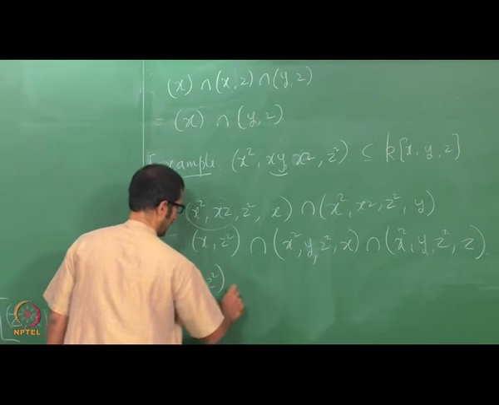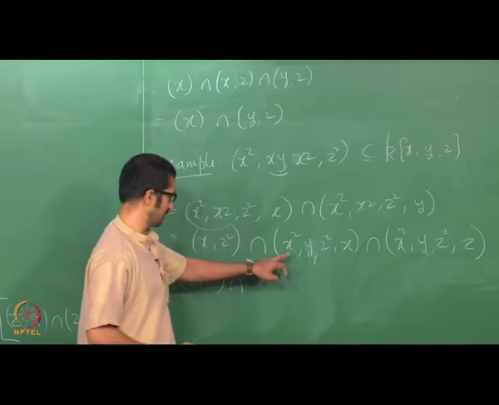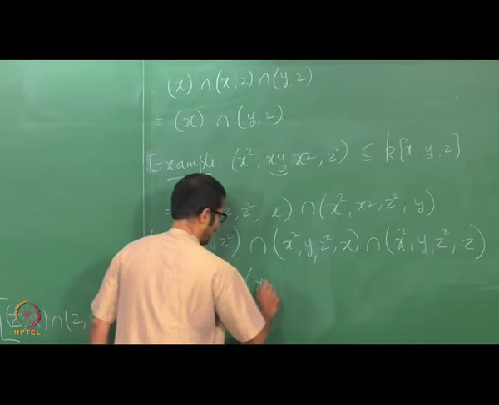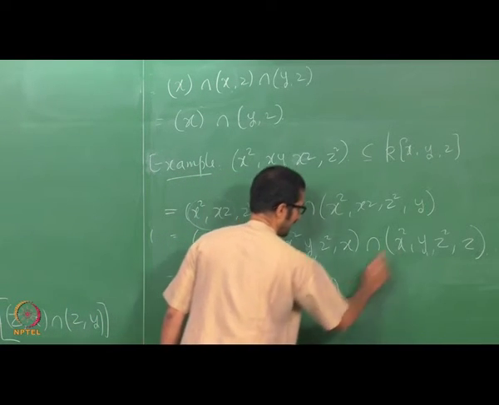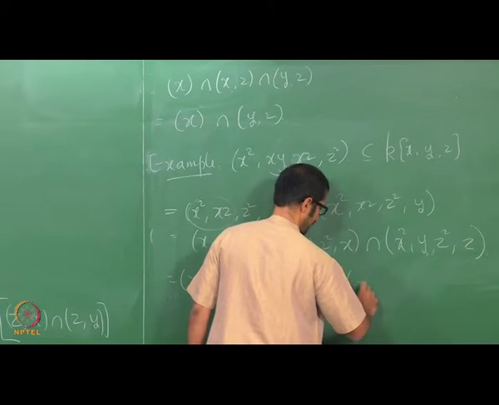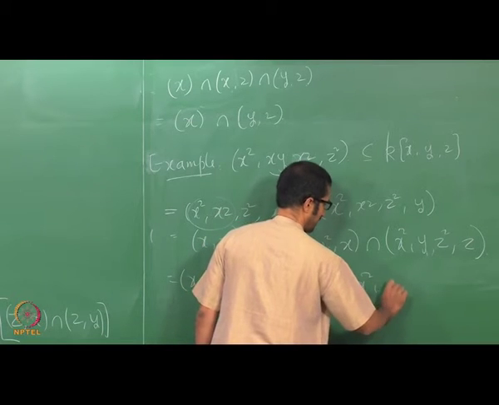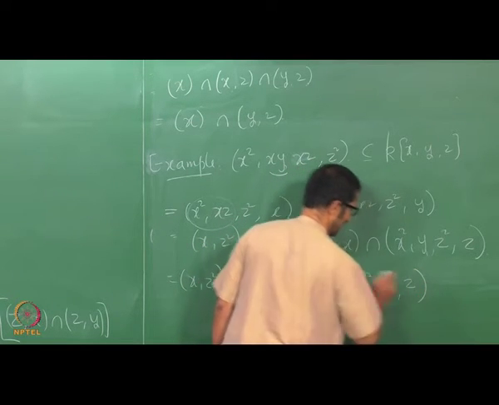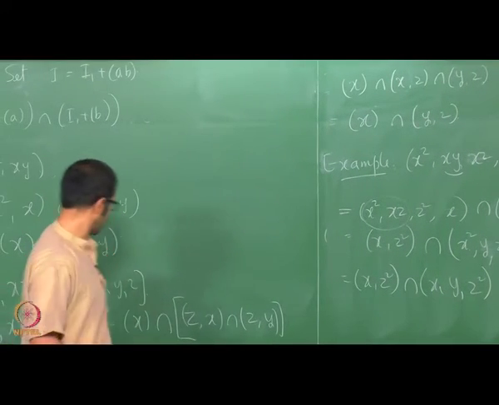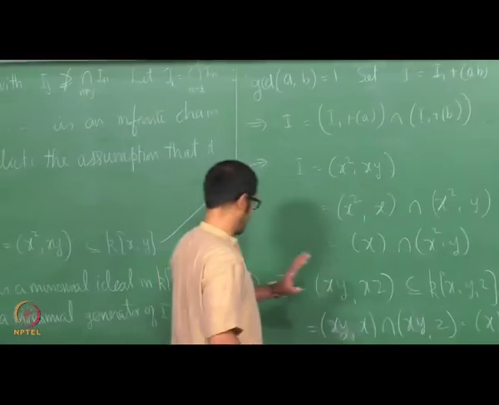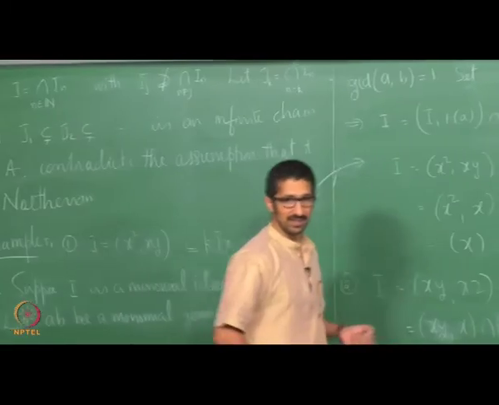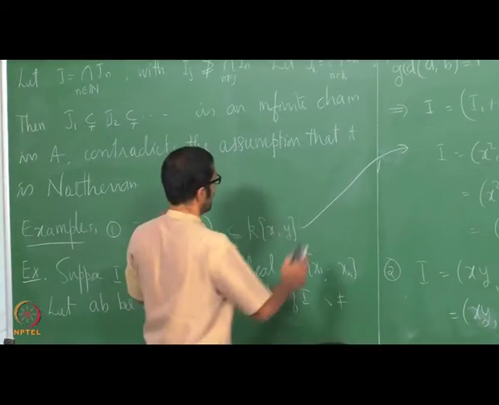What is this ideal? This will be (x, y, z square), and this ideal would be (x square, y, z). So, using this property one can decompose monomial ideals very easily.